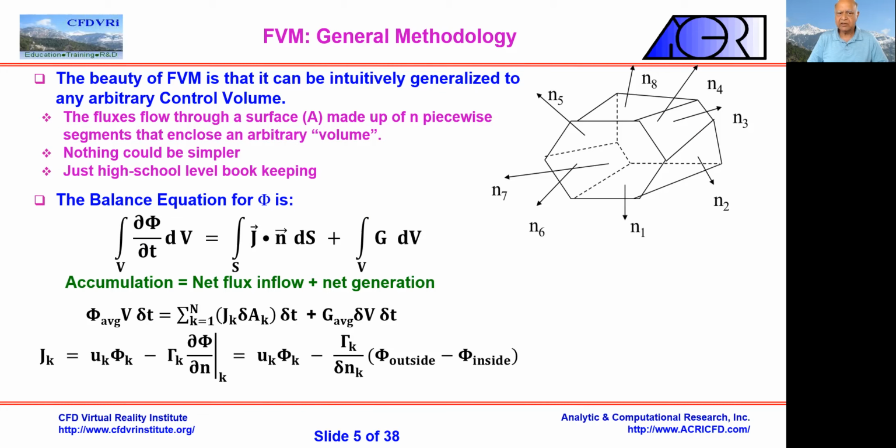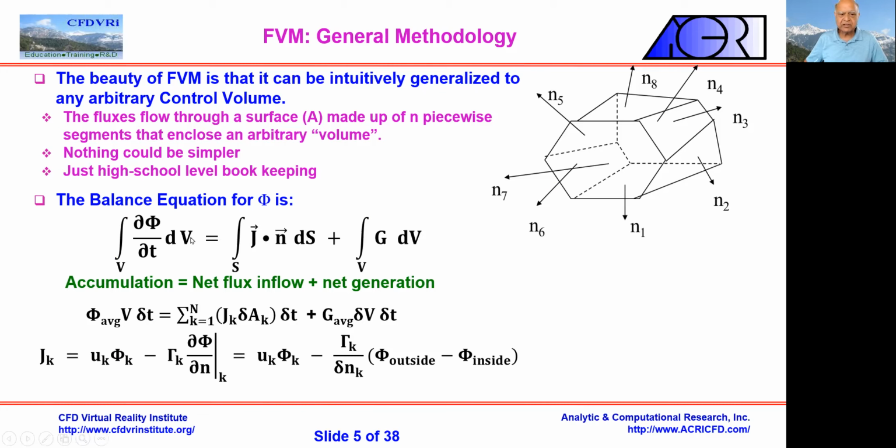So all we have to do is keep track of those fluxes and keep track of the value in the tank. So it's just high school bookkeeping. That's what we're going to do. Just give it a different name called CFD.